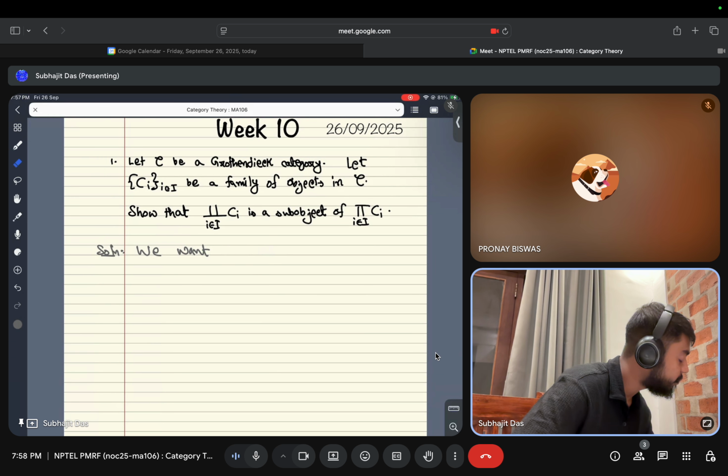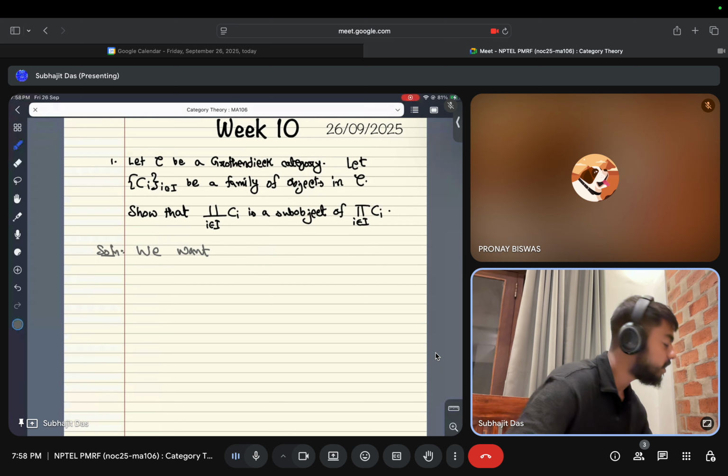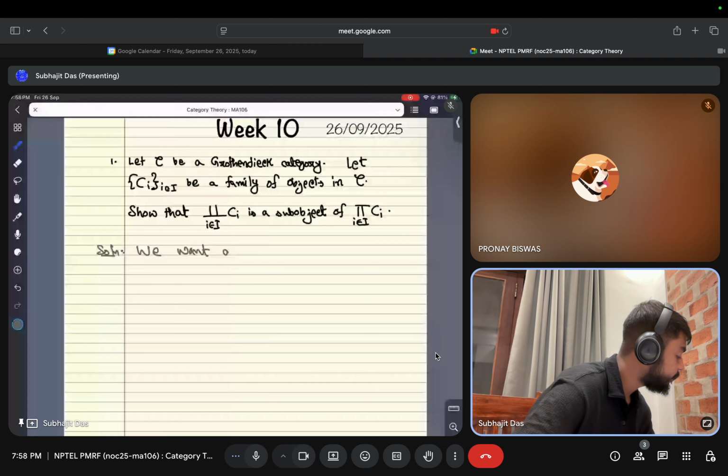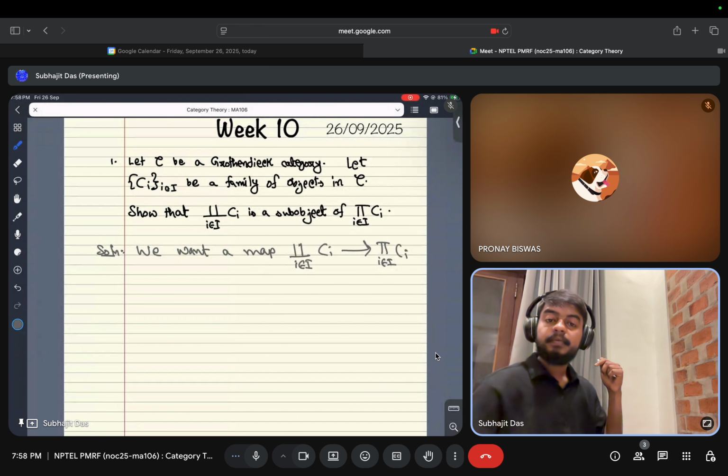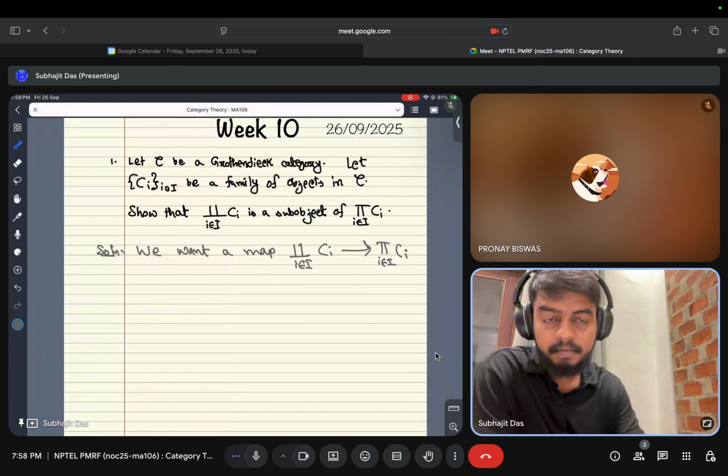We want a natural map, let's say, or still that is not right. We want a map, let's say. This is what we want a priori. How do we obtain a map from the coproduct of the Ci's to the product of the Ci's?